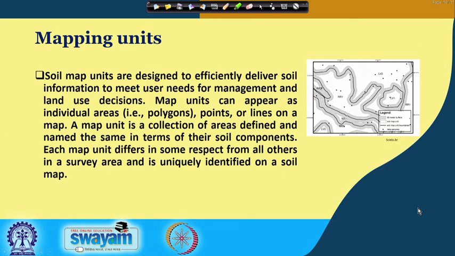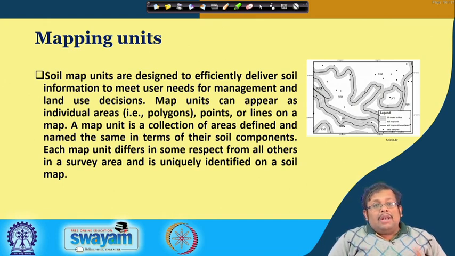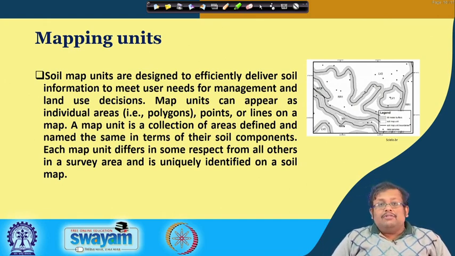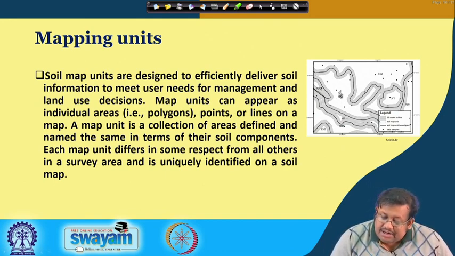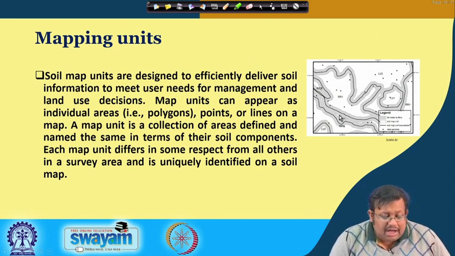So, what is a mapping unit? Soil map units are designed to efficiently deliver soil information to meet user needs for management and land use decisions. Map units can appear as individual areas like polygons. You can see an individual polygon here, denoted by RR1, then LV2, then LV1. These are individual map units, basically polygons, points or lines on a map.